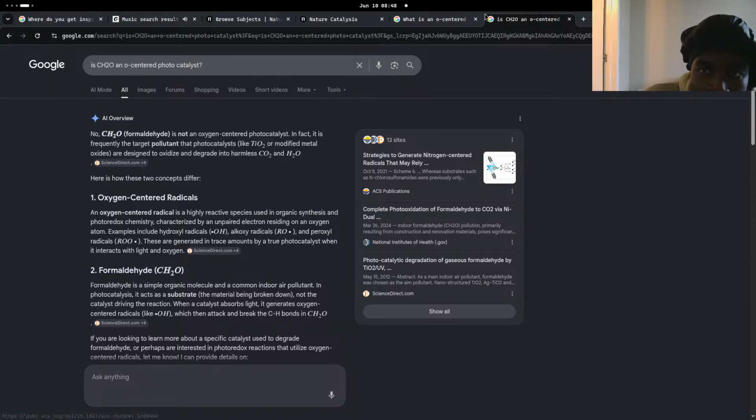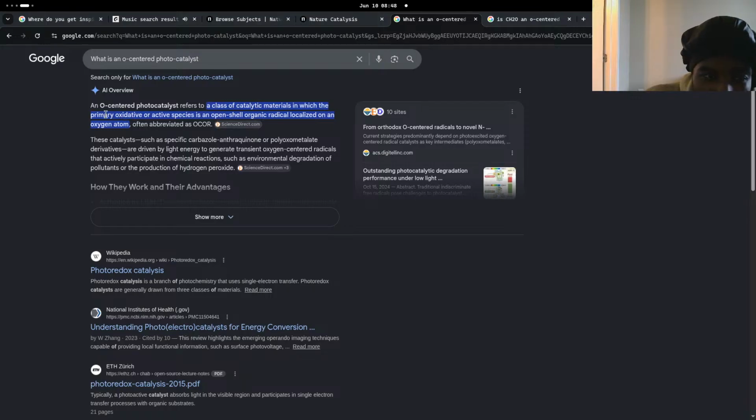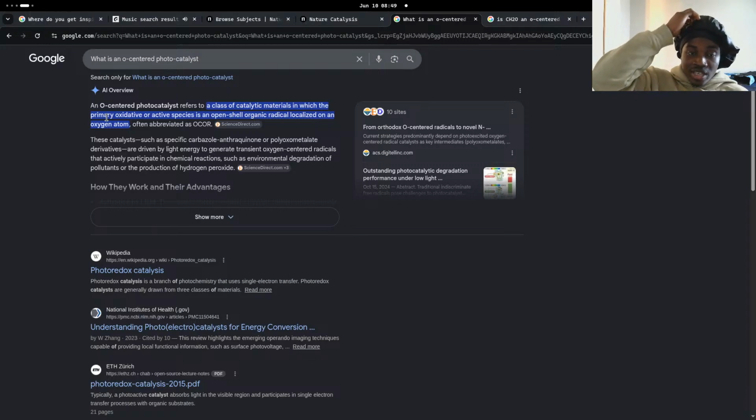It literally just means that. Oh my gosh, okay, it makes sense. The primary oxidative active species is an open shell organic radical localized on an oxygen atom. So that equals like our alkyl groups on the oxygen atom of our carboxy group.